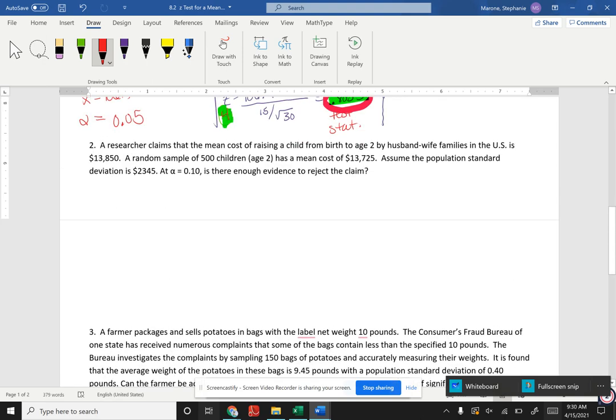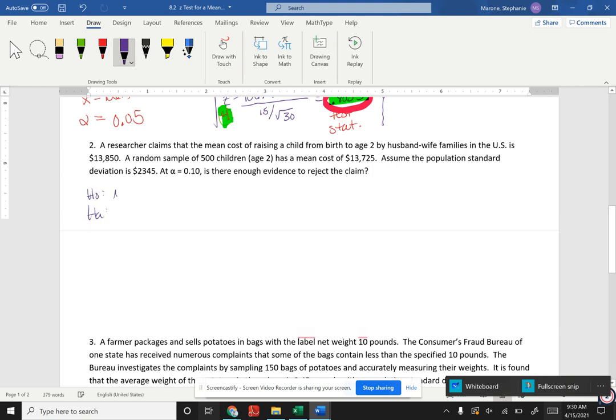So a researcher claims the mean cost of raising a child from birth to age 2 by husband-wife families in the U.S. is blank. I'm going to start off, I forgot for the last one, we should always start off like that, every problem, no matter what. So a researcher claims the mean cost is that.